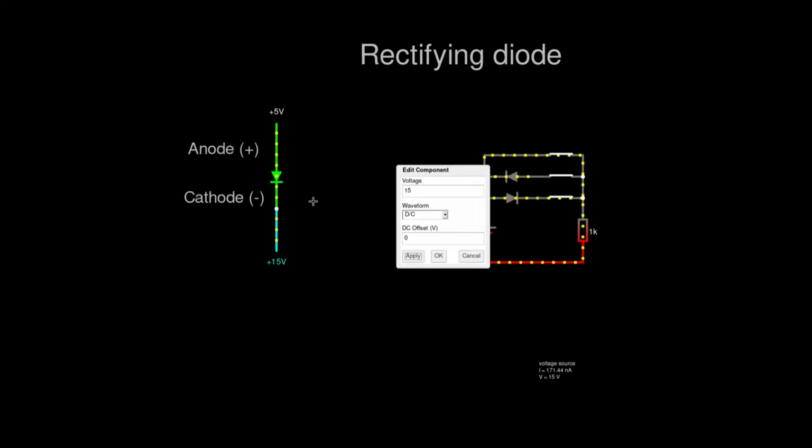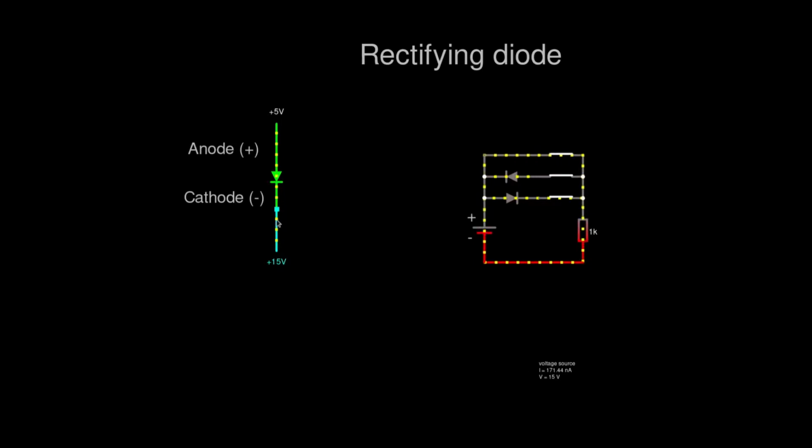Let's add the ammeter between the leads. Show current, apply, okay. And we can see 171 nanoamps passing through.